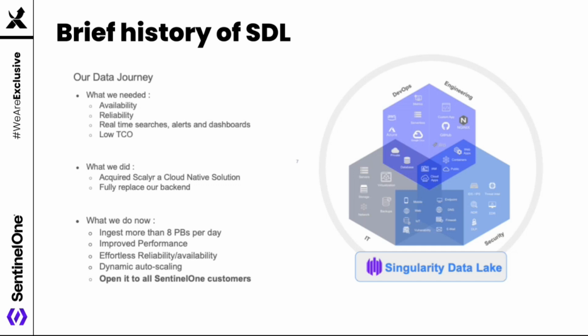You will see that once you start working with Singularity Data Lake, you start querying the logs, etc. It is quite fast to get all this data, especially because it's not all the same data that you often query, but still you get results pretty fast.